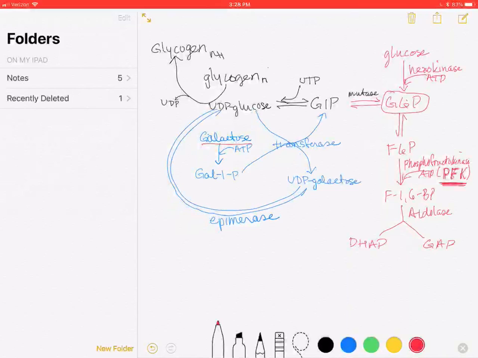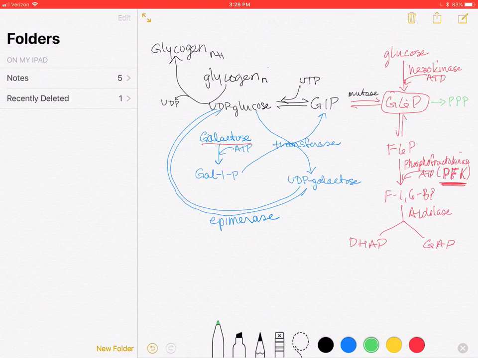So hexokinase is not the committed step for glucose atoms. They have at least 2 different fates, and in fact there's a third fate too, where the carbons can go to the pentose phosphate pathway, the PPP. So again, glucose 6-phosphate is not committed to pyruvate in glycolysis. It can go 2 other ways. The committed step is really phosphofructokinase, the third enzyme of glycolysis.